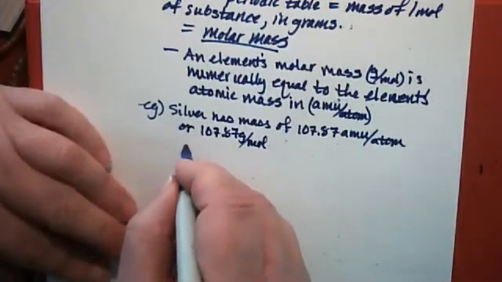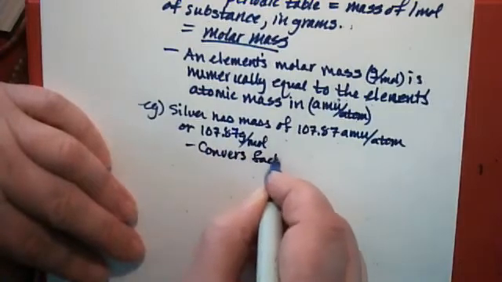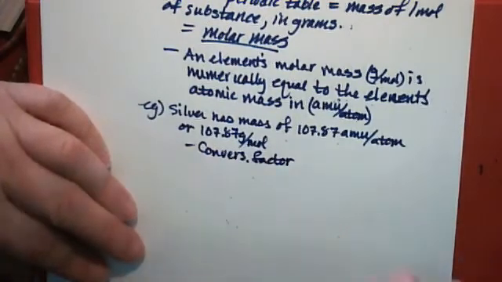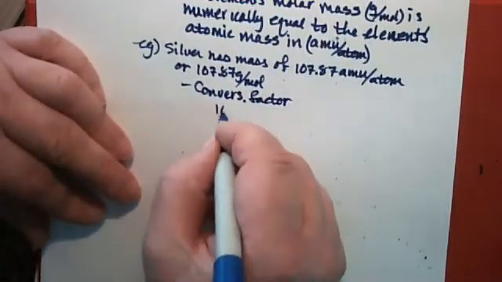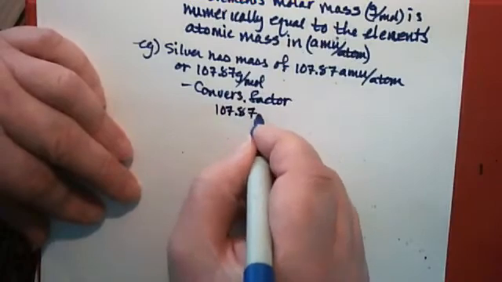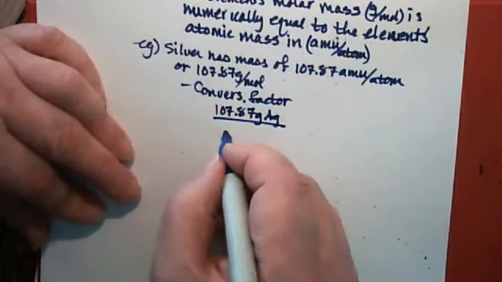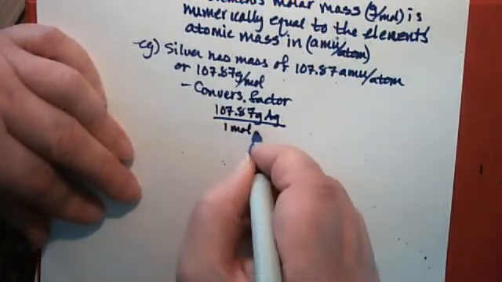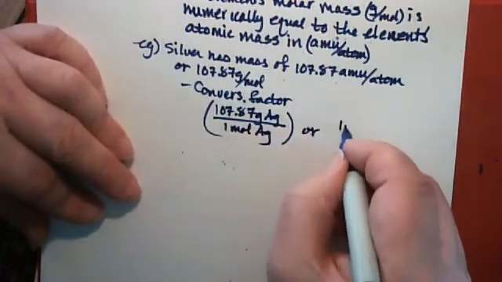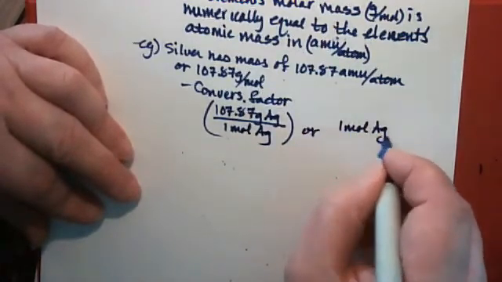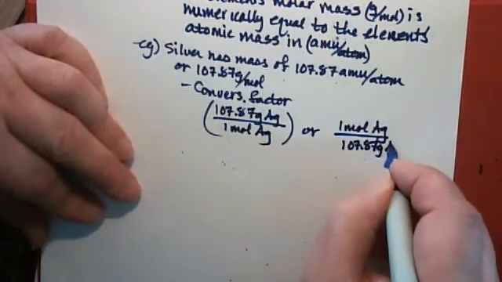And so the conversion factor for going between mass of silver and moles of silver would be either 107.87 grams of silver for every 1 mole of silver, or 1 mole of silver for every 107.87 grams of silver.